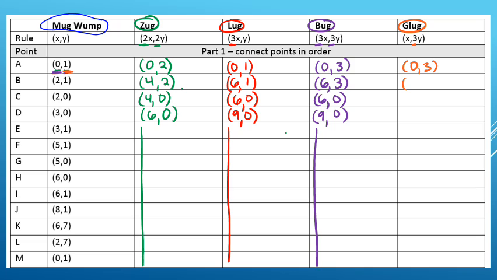Next coordinate, I keep the x value 2, and then I do 1 times 3 makes 3. Next one, keep the x, 2, the y is times 3. 0 times 3 is 0. Next one, keep the x, which is 3. 0 times 3 is 0. So go ahead and fill in the rest here for Glug.